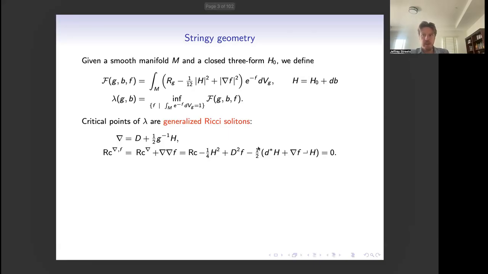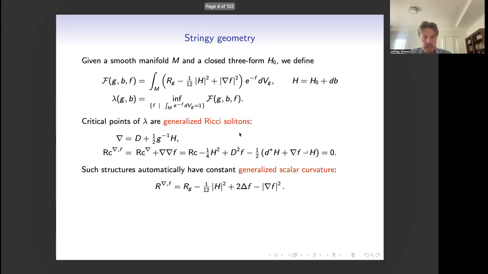Intuitively, these are some kind of stringy generalization of Einstein metrics, and they of course arose in mathematical physics, as the name suggests. A basic point for us is that there's a Bianchi identity around, and it turns out that such structures have constant generalized scalar curvature.